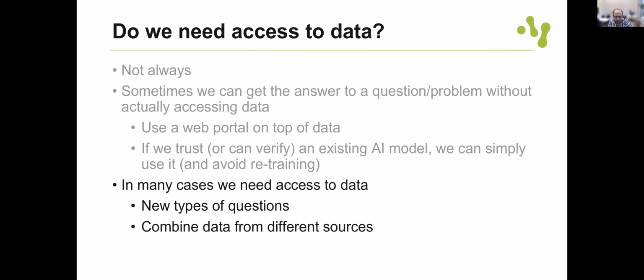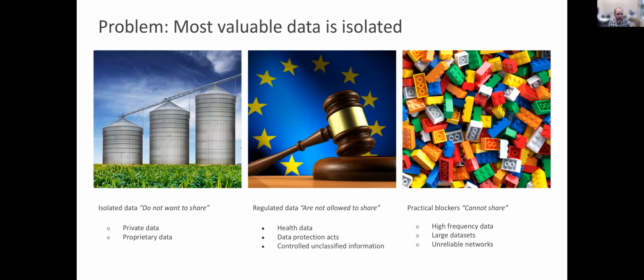But in many cases, we need access to data. For example, if we have new types of questions where we don't have pre-trained models, or we want to combine data from different sources, then we really need it to answer questions. And a key problem is that a lot of the data is isolated, and there could be various reasons for this. For example, that people do not want to share.